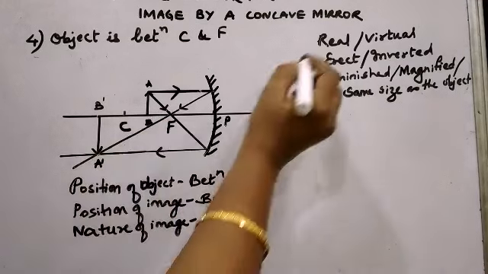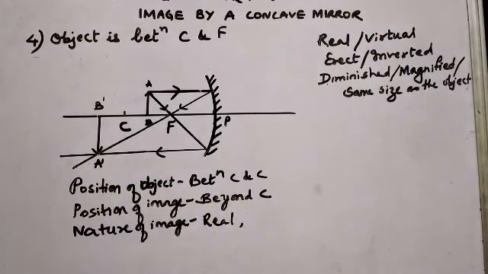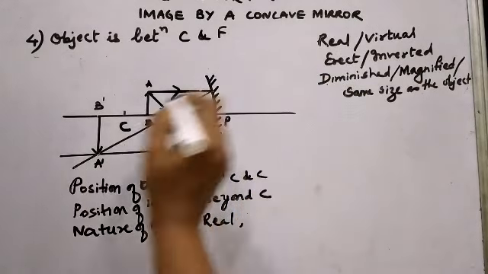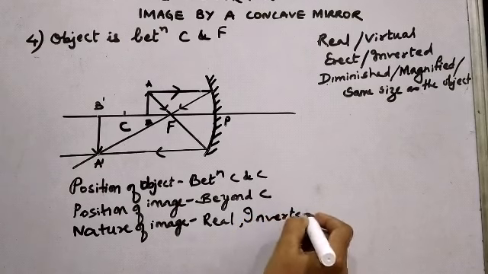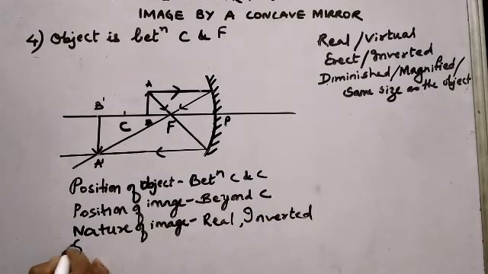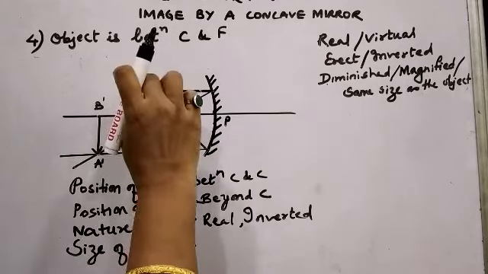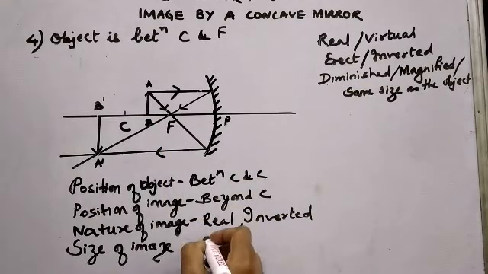Image is real or virtual? Real, because we have shown that the reflected rays are actually meeting at a point, and is it erect or inverted? Real image is always inverted, so real and inverted. And size of image: see, the object is small but the image is big, that means the image is magnified.